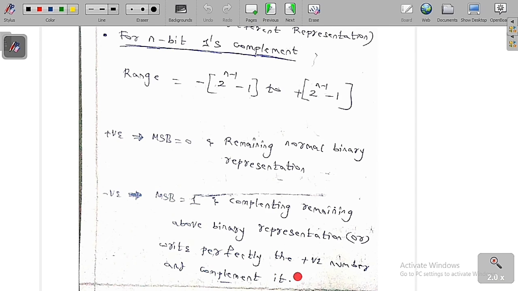These are two ways by which we can get the negative number from the positive number.